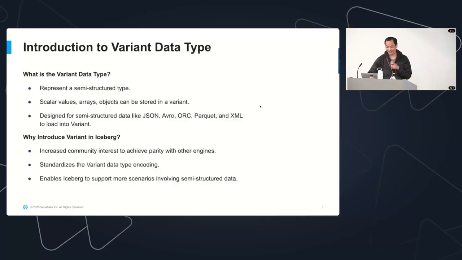First, what is a variant data type? At Snowflake, we have supported variant for a long time in an internal format. When we started to support Iceberg, we got a lot of asks: can we add it to Iceberg?